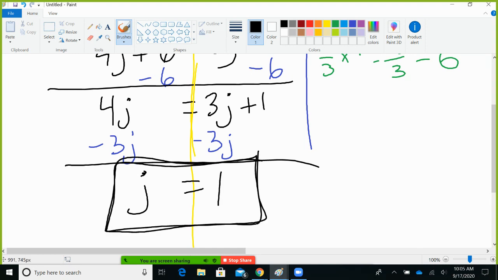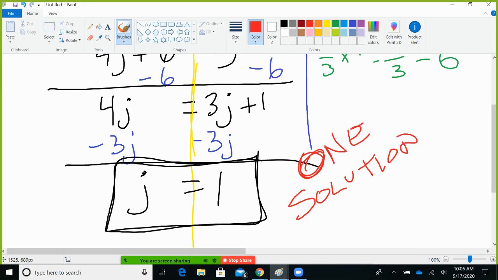So is this one solution, infinite solutions, or no solution? Nice. So we have right here one solution.